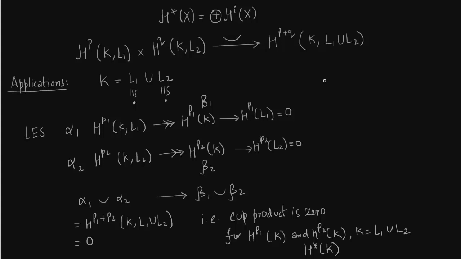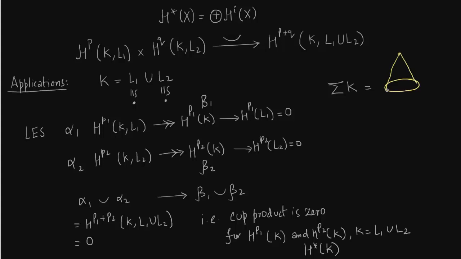Okay, so a simple example is the suspension. So the suspension of K looks like this. You have K first, which I have drawn in yellow. This is the space K, and then you put a cone on top of it and on the bottom of it.